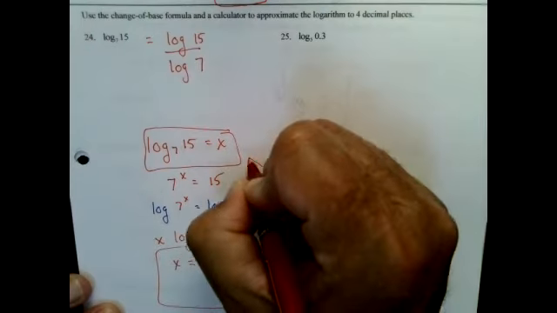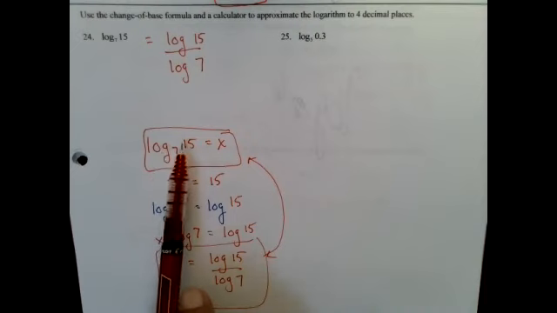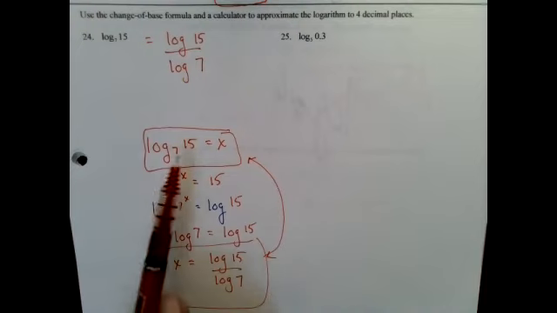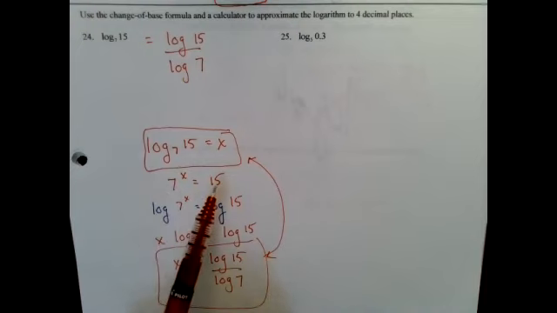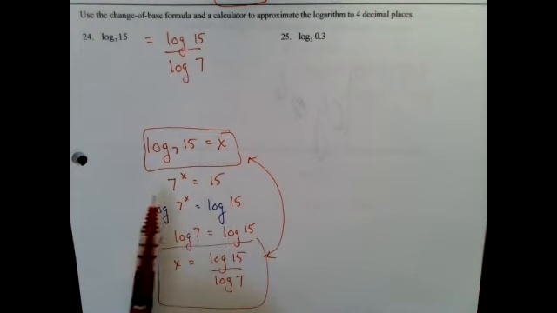Which means those two are the same. Log base 7 of 15 is the same as log of 15 over log of 7. I took the log of both sides, brought my exponent around, divided by the log of 7, and there I am.